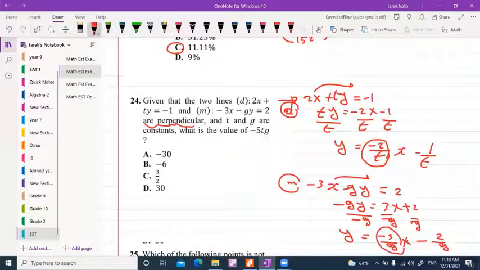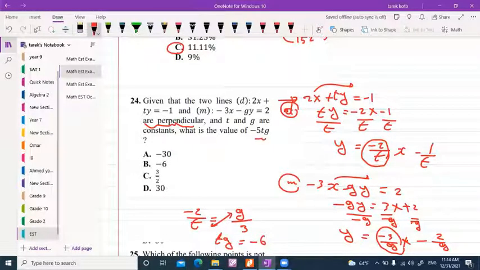Since the two lines are perpendicular, the first slope, which is negative 2 over t, equals the reciprocal of the other one with the sign changed. So from here you can get gt: tg equals negative 6 multiplied by negative 5. So negative 5 tg equals negative 5 times negative 6, which is 30.